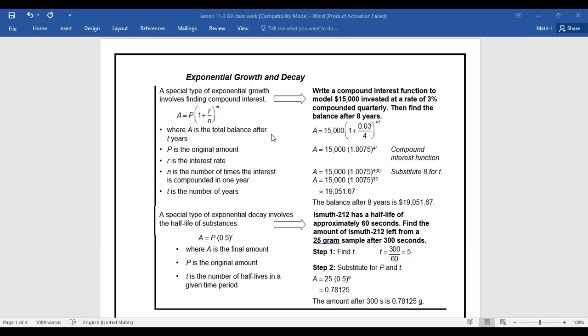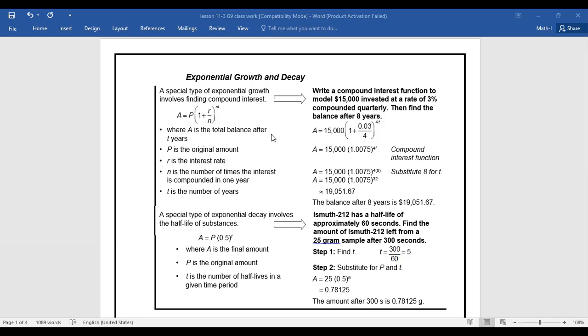So if I want to write the formula first, it will be A equals 15,000 times (1 plus 0.03 over 4). And as I said, why did we put 4? Because it says quarterly. All to the power of 4 times t. T, it says after 8 years.